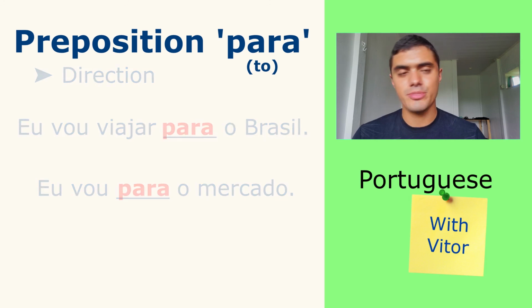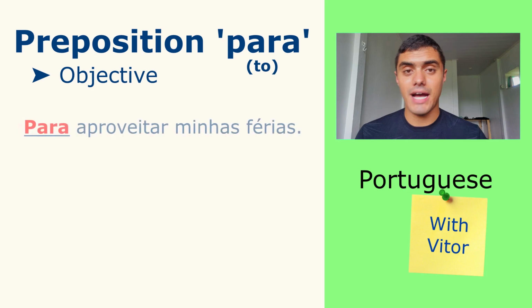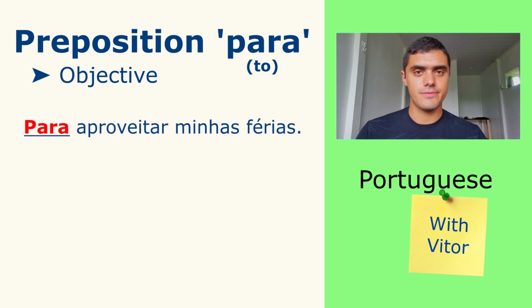And when it means an objective, a goal, usually it answers the question, why? Why are you going to Brazil? I'm going to Brazil to enjoy my vacations. Para aproveitar minhas férias.